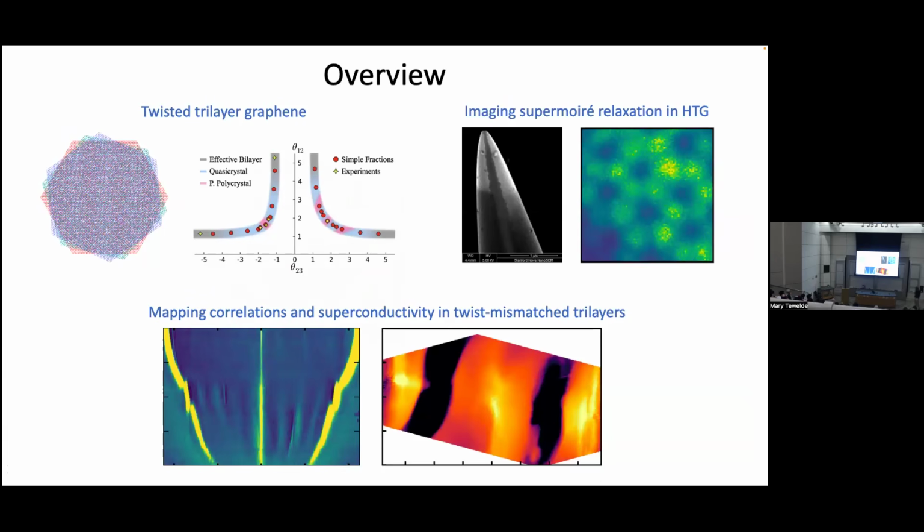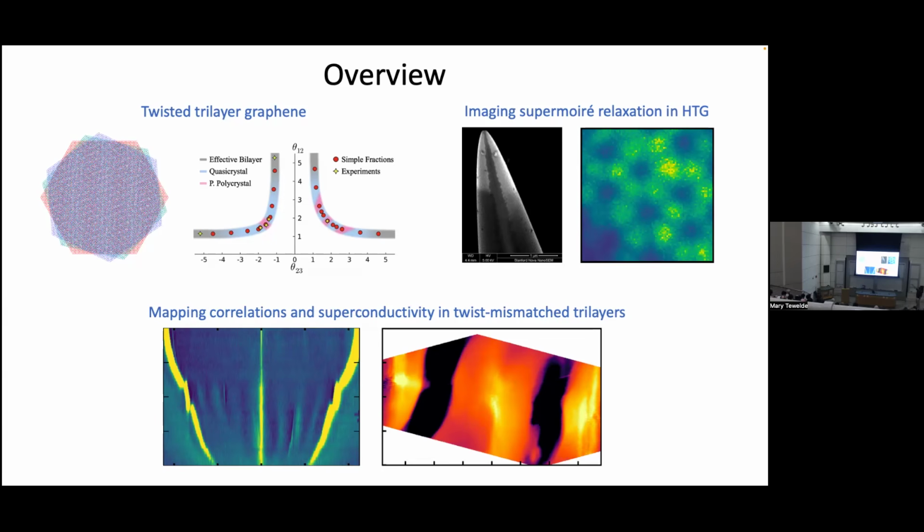All right, so that brings me to the overview slide for the rest of the talk. I've talked so far about what happens when you stack two layers together and twist them. In this talk, as I said at the outset, we'll be talking about trilayer graphene, which has two separate interlayer twists. So I'll talk about kind of that parameter space, the sorts of physics that one expects. I'll start out by looking at a case where both angles are identical.